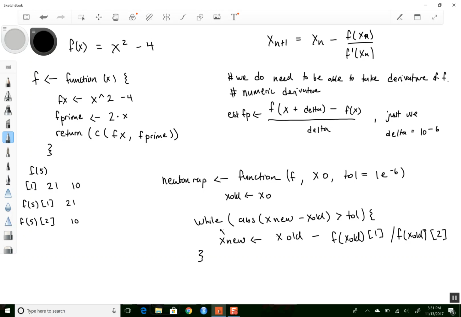Oh, and I'm sorry, first we take our x new and throw it into x old. We update our x new by calculating this, and then we keep looping. It will kick out once the difference is smaller than the tolerance, and we return x new.